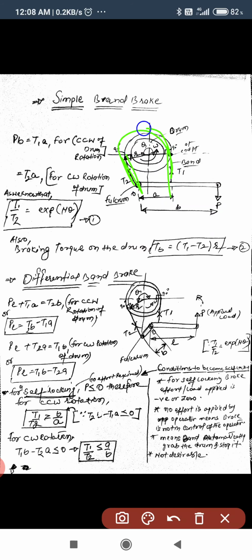We have this tension in the belt when it rotates. With the help of this belt, we stop the drum by putting effort P, and we have this belt over this drum. So with this effort we can stop this drum. So here we have this simple system.